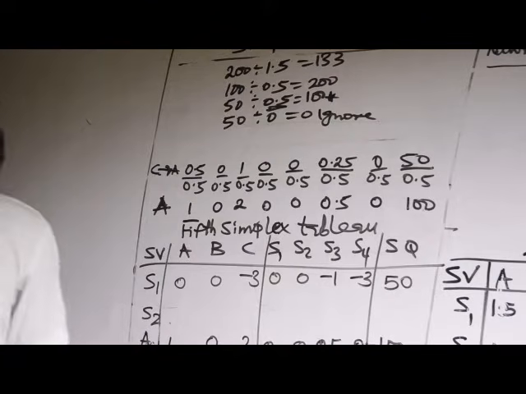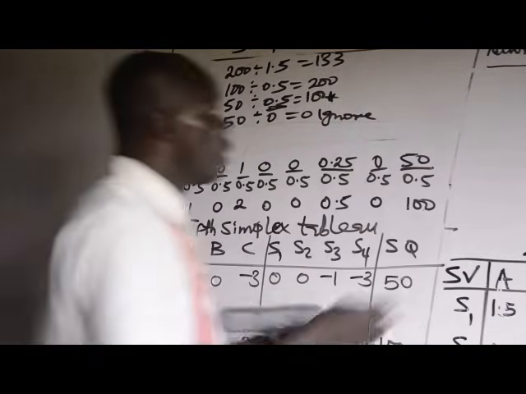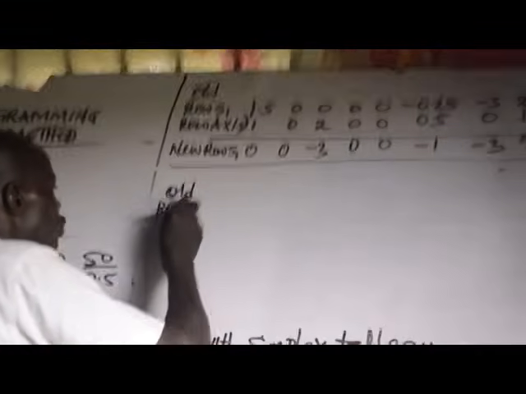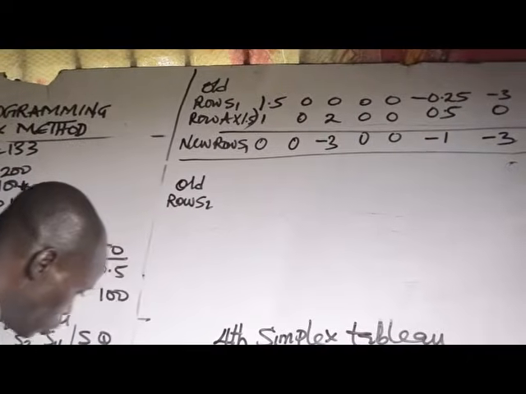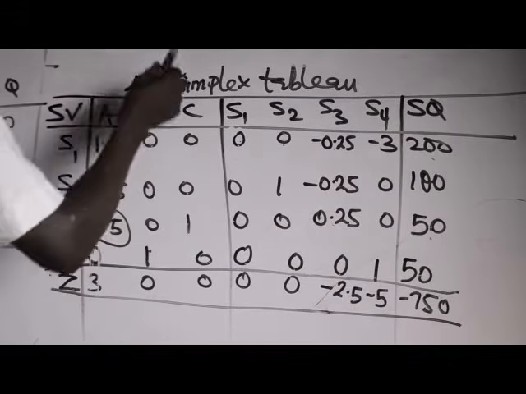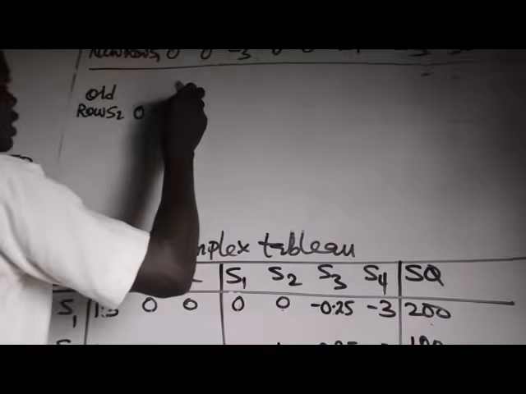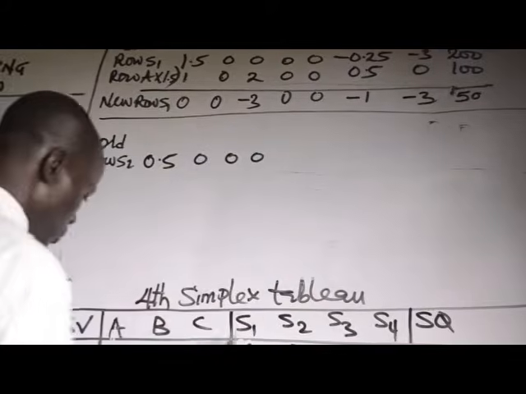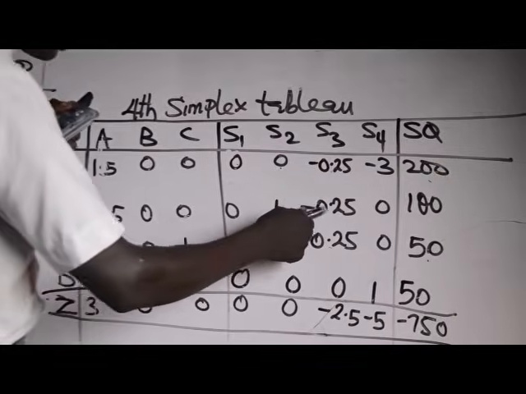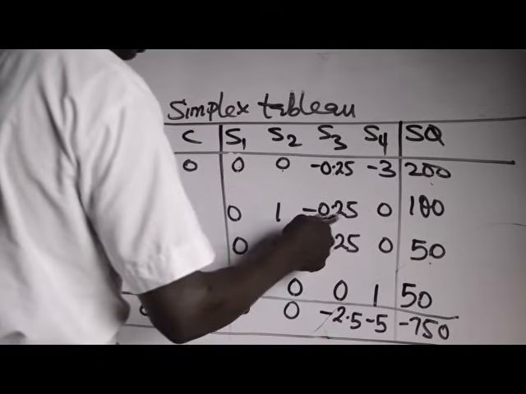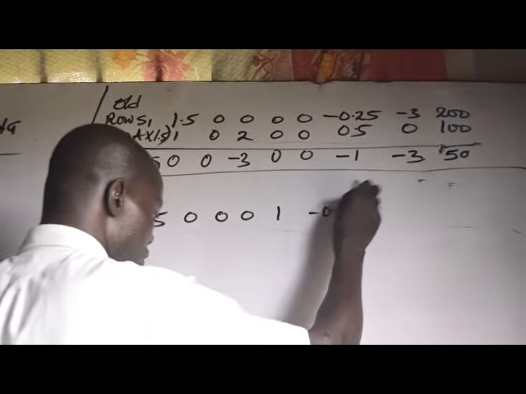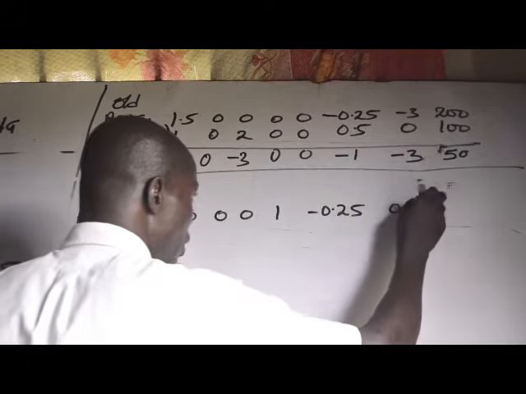Then our row S2 now. The old row S2 is 0.5, 0, 0, 0, 0.5, 0, 0, 0, 1, minus 0.25, 0 and 100.